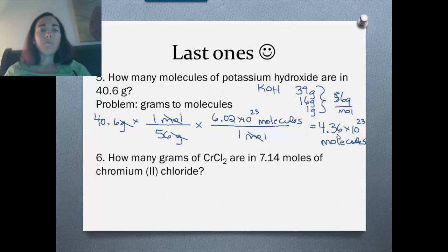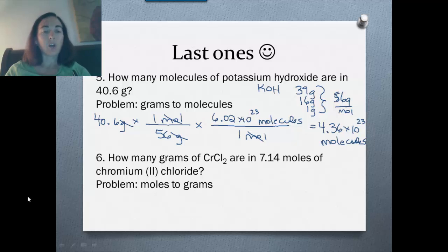Alright guys, one more. How many grams of chromium chloride are in 7.14 moles of chromium chloride? Well, I know I'm being asked about grams, so I'm going to have to get the molar mass of that chromium compound, and I have moles to begin with. So this is going to be a conversion that's just one step, very simple, using this new molar mass concept.